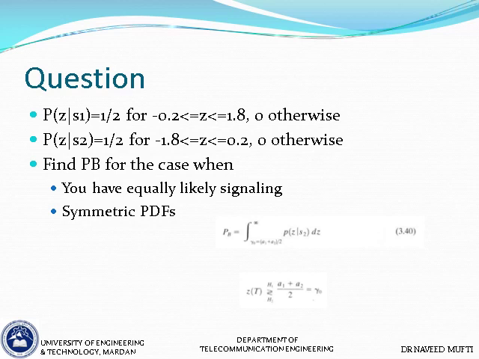Between this range, when z is from minus 0.2 to 1.8, the value of the probability density function is half. So let us say this is half. On the y-axis is probability, and on the x-axis is the value of the random variable. It's a constant, equal to 0.5 for this range. So basically this is what it will look like.